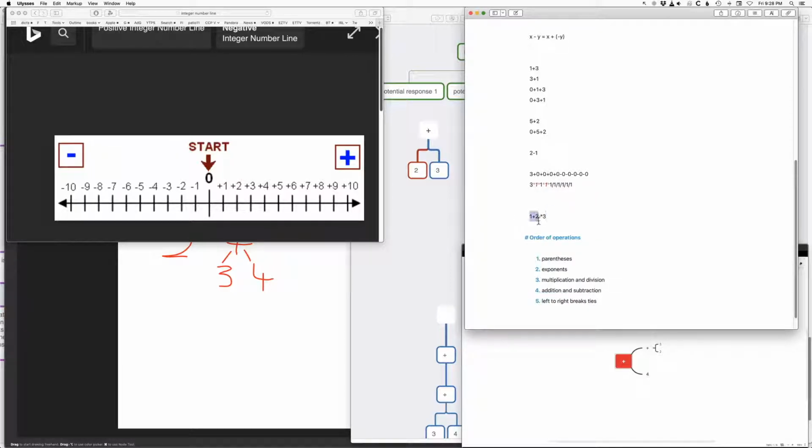Right. So first we do the multiplication. So what are we multiplying? It's written out as 1 plus 2 times 3.